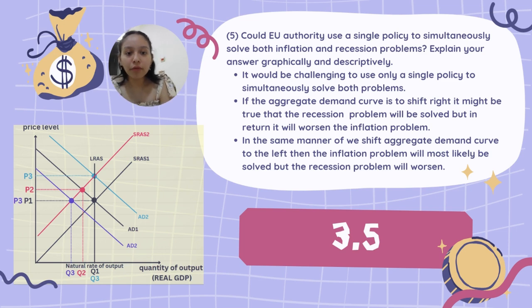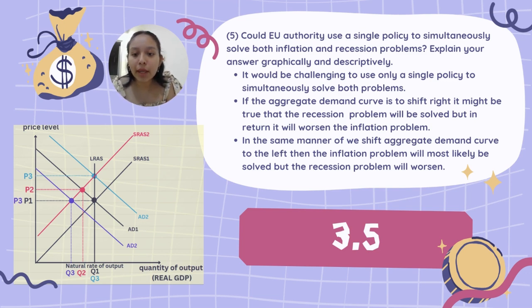For example, if we use the policy to solve the recession problem, which is an increase in money supply, and shift the aggregate demand curve to the right, from AD1 to AD2, the sky blue color, this will solve the recession problem, but it will worsen the inflation problem.